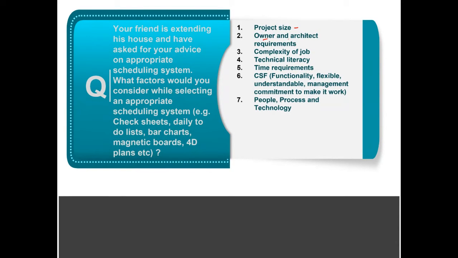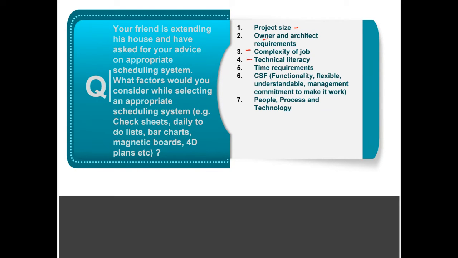Maybe you can look into owner and architect requirements, and what their previous experience is. You can look into the complexity of the job, right? So it's not always that the most powerful software tools are best for the job. It depends on the complexity and nature of the job.